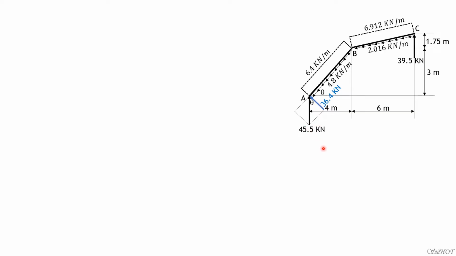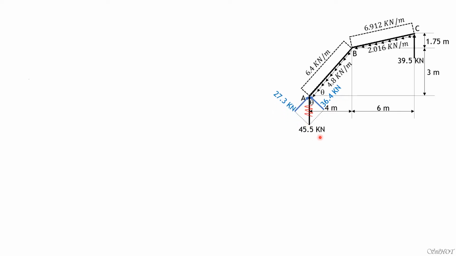So 45.5, which is RA, times cosine of theta, which is 4 over 5, is equal to that value there, 36.4, while this normal force is 45.5 times sine theta, or 45.5 times 3 over 5. So that gives us 27.3 kilonewtons.